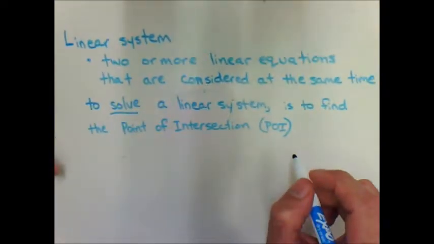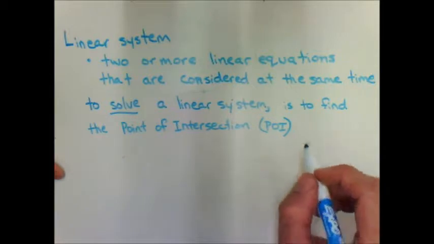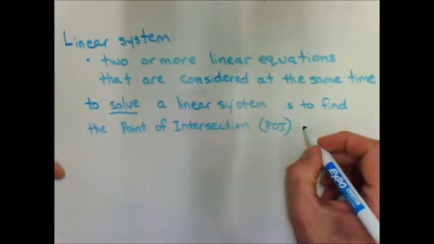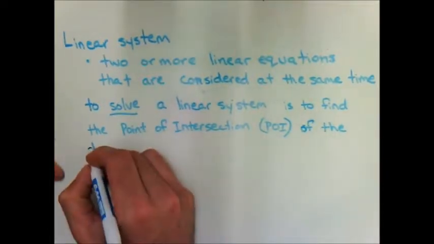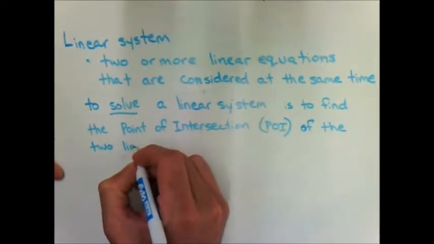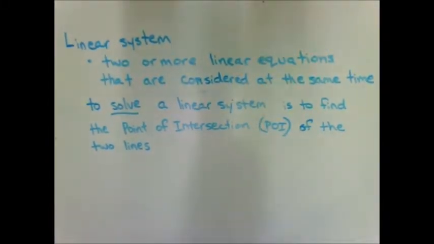You'll see that acronym a lot. To solve a linear system is to find the point of intersection of the two lines. So the systems that we'll be dealing with in Unit 1 are dealing with two lines, two linear equations, and they will intersect at some point.